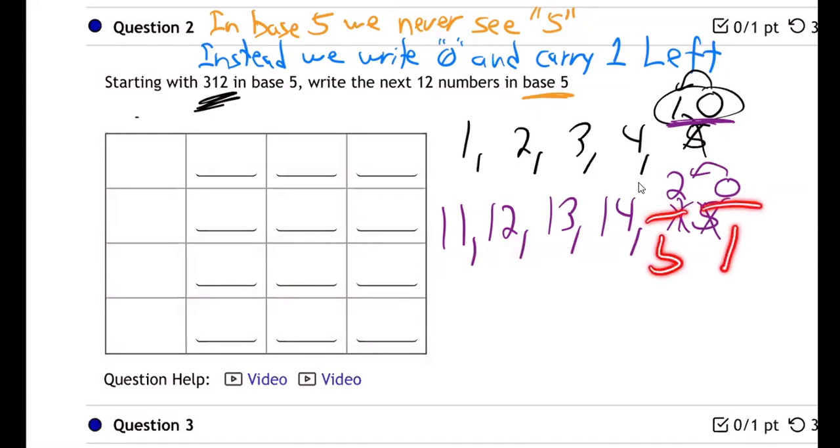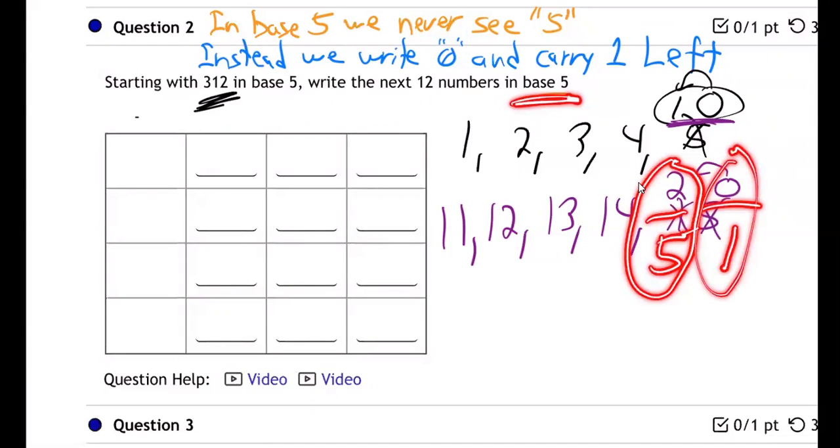This is the 1's place, this is the 5's place. Remember, we're in base 5. So this is 2 in the 5's place. What is 2 fives? Two nickels. That's 10 and no more, no pennies. Do you see how that's really 10? Two 5s, two nickels, and no pennies, that's 10 cents.